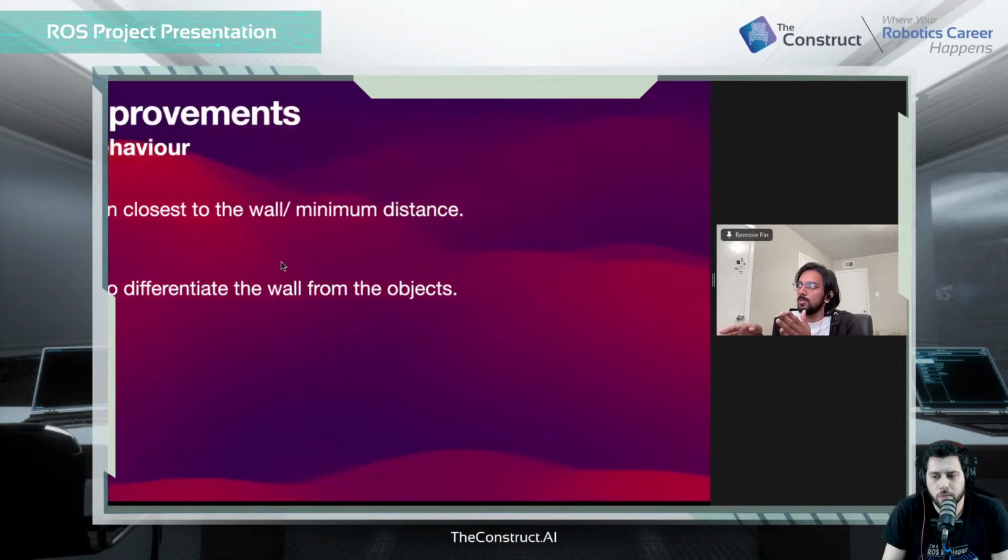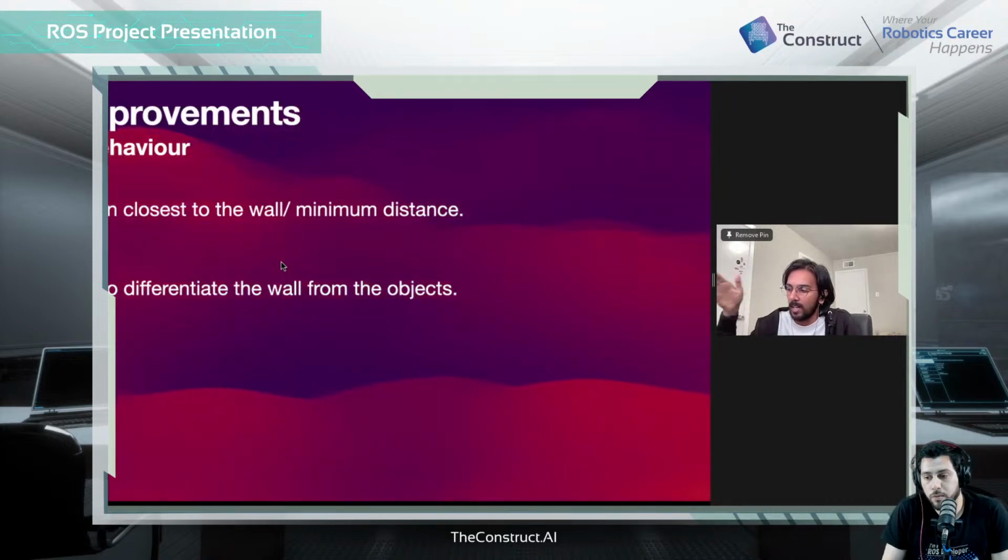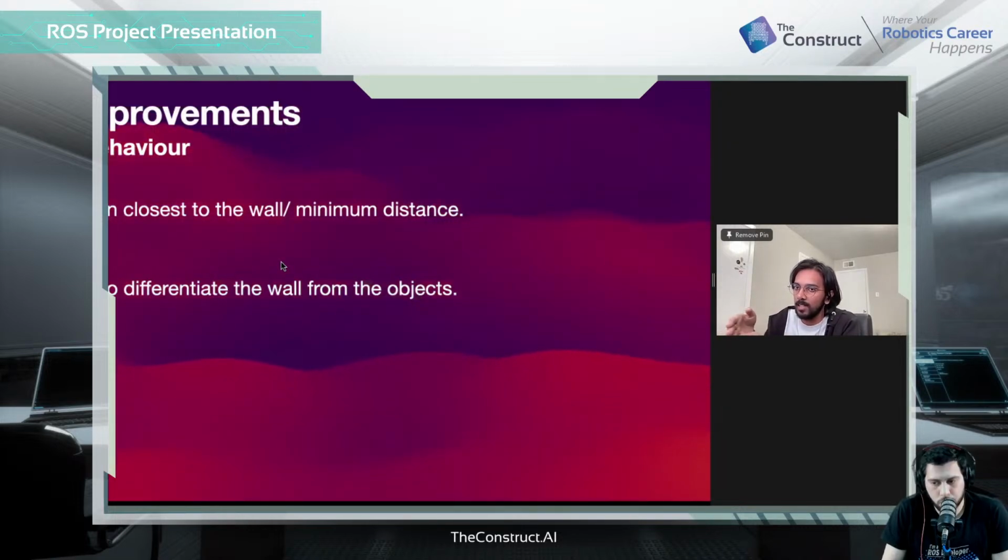Let me start by portraying the problem. The problem right now is that you have the wall and there's a small obstacle right in front of it at the minimum distance instead of the wall. So the robot goes to the object instead of the wall.